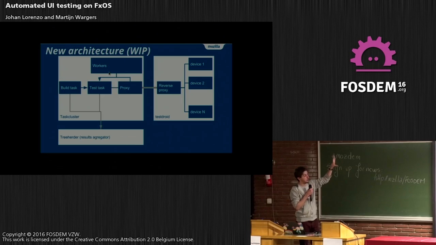And finally, this TaskCluster plus Treeherder architecture helped us in having a build for end-to-end testing for every commit happening. So we don't have to wait anymore on nightly builds from commit.